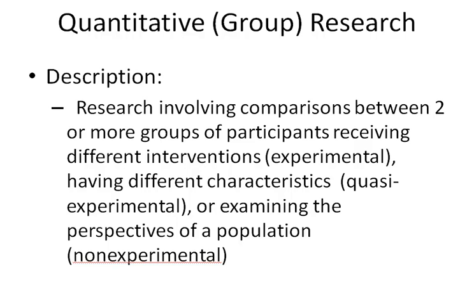So parents with more than 2 children responded this way, and parents with less than 2 children responded this way. But we're not really doing any kind of intervention with them. We're just trying to examine their perspectives and see if there's any correlations or relationships between some different factors of the population and how they're responding.